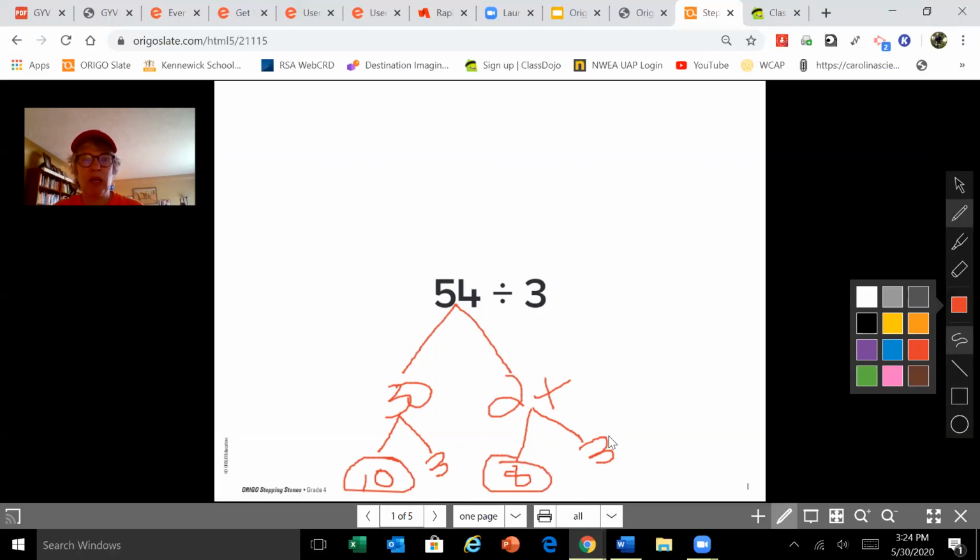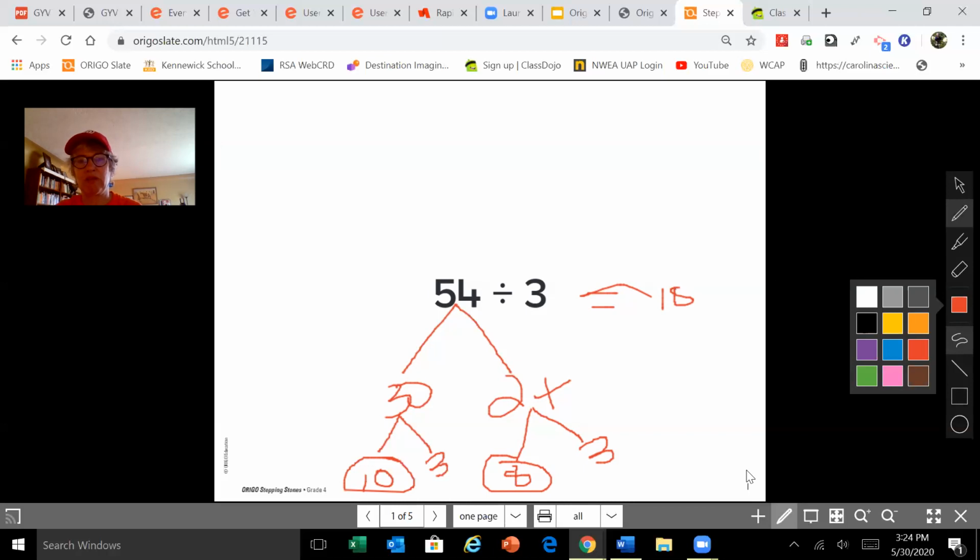And then if I add these two numbers together, 10 and 8 equals 18. That is actually my quotient, my answer for this division problem. So 54 divided by 3 equals 18. So again, in order for me to do this, I had to think flexibly about the numbers.